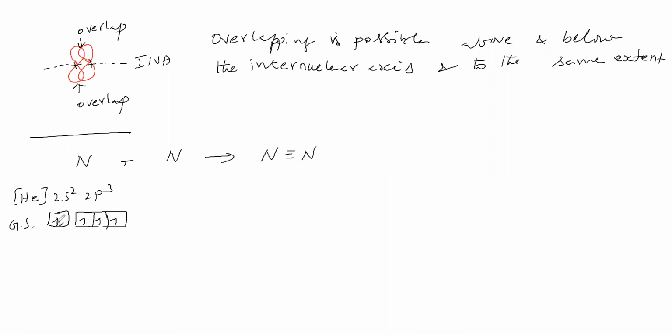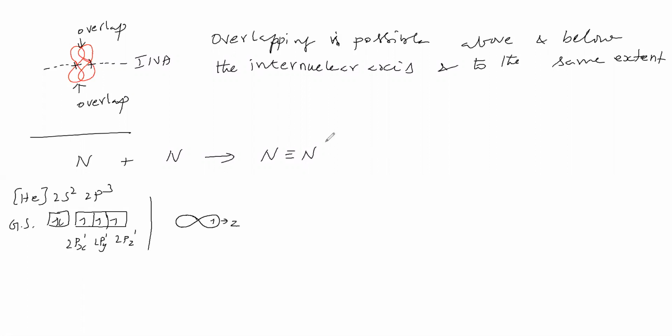Now, these 3 unpaired electrons are in 2px, 2py and 2pz. These 3 2p atomic orbitals are perpendicular to each other because they lie along the x-axis, y-axis and z-axis. Now we will consider one 2pz orbital, which contains 1 electron.